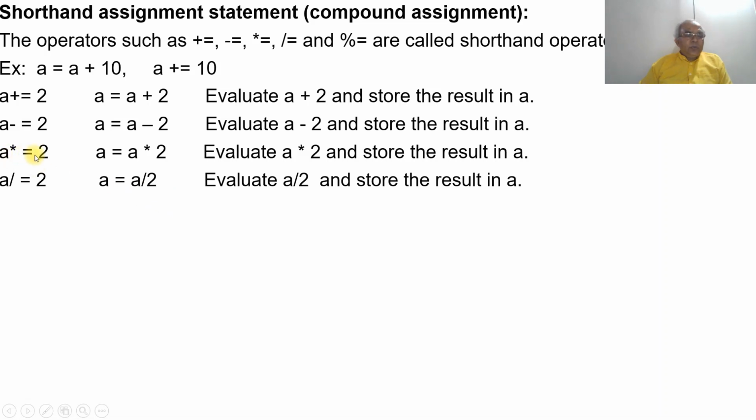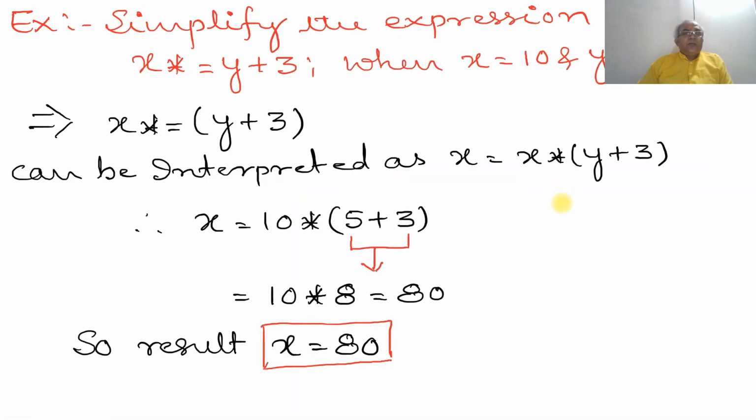a *= 2 means a = a * 2. Evaluate a * 2 and store the result in a. Similarly, a /= 2 means a = a / 2. Evaluate a / 2 and store the result in a. Suppose we simplify the expression x *= y + 3, where x = 10 and y = 5. x *= y + 3 is interpreted as x = x * (y + 3).